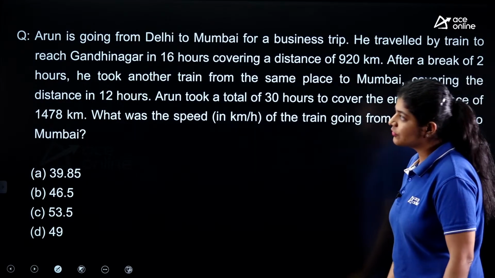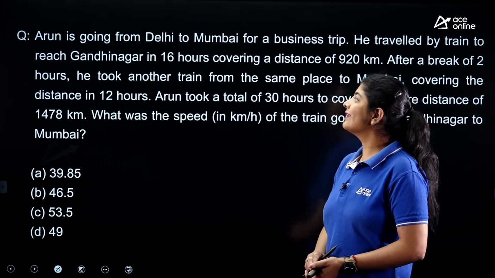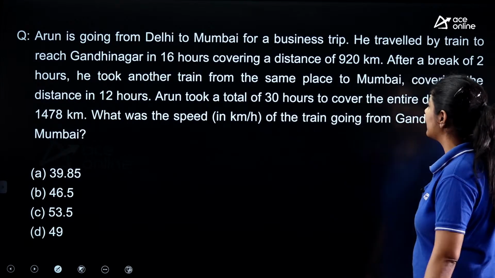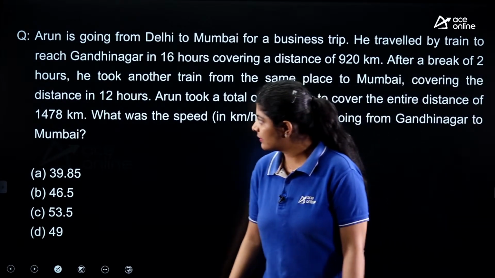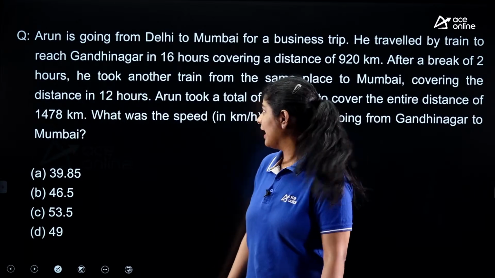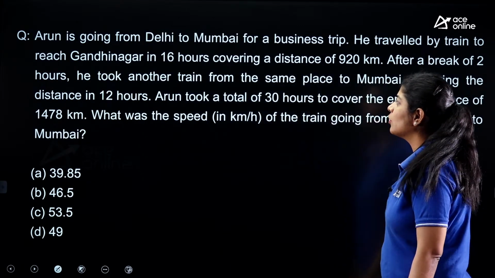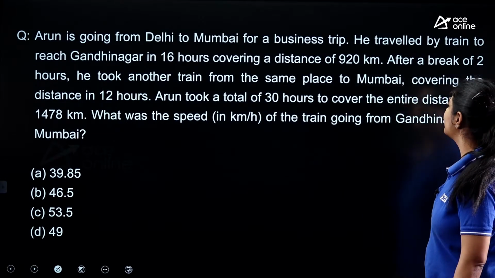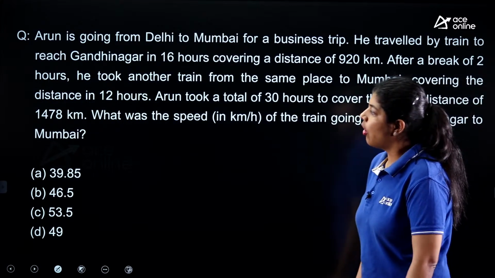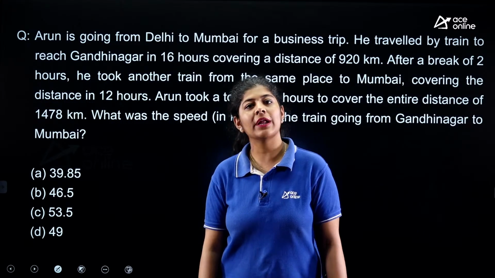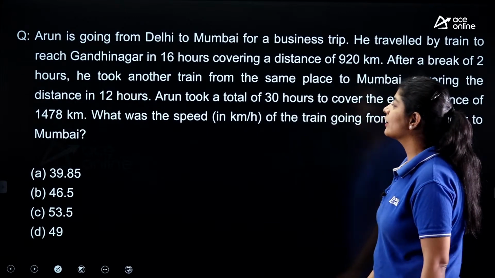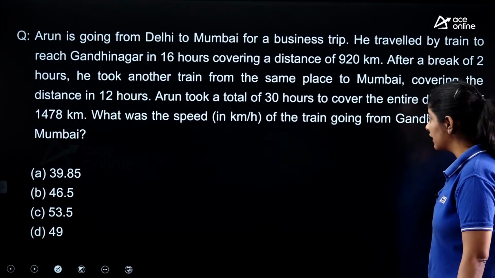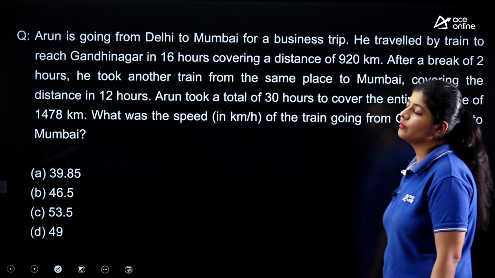After a break of 2 hours, he took another train from the same place to Mumbai, covering the distance in 12 hours. Arun took a total of 30 hours to cover the entire distance of 1470 kilometers. What was the speed in kilometers per hour of the train going from Gandhinagar to Mumbai?